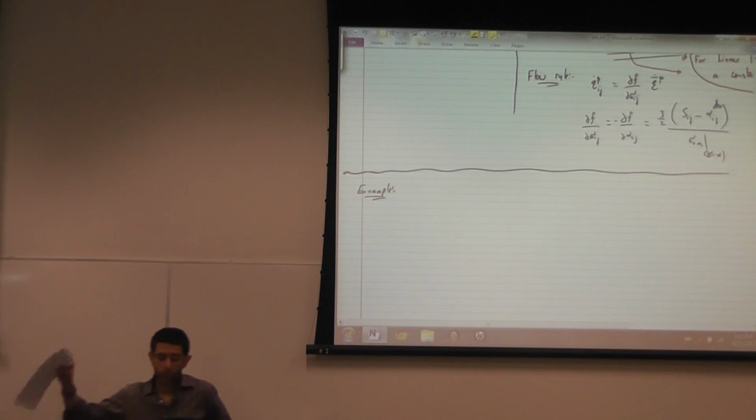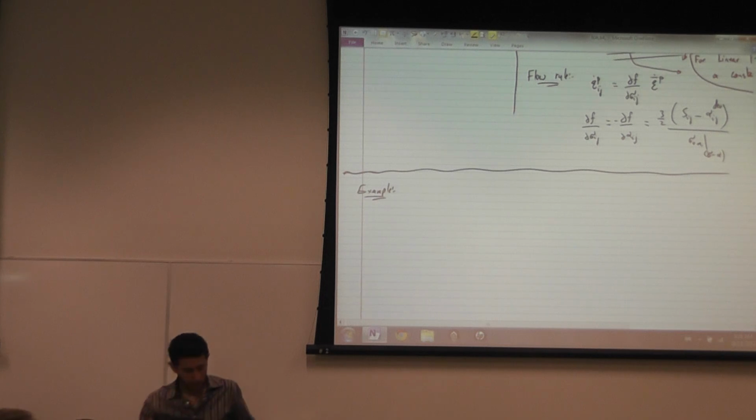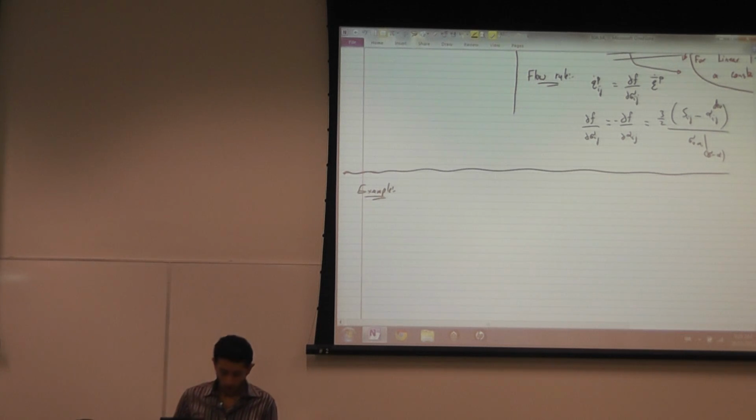All right, so we're going to go through an example. So we're given the true stress versus true strain, and it looks like this.